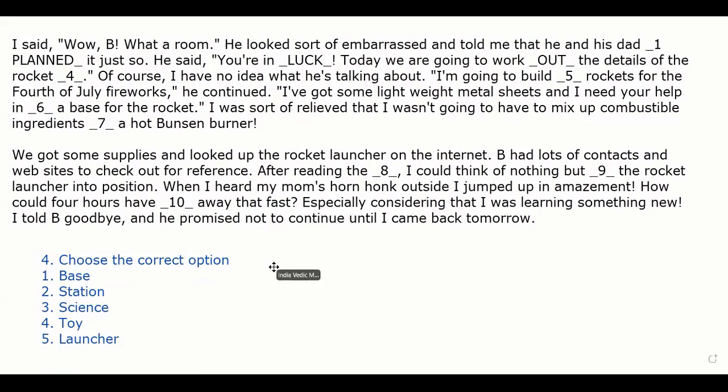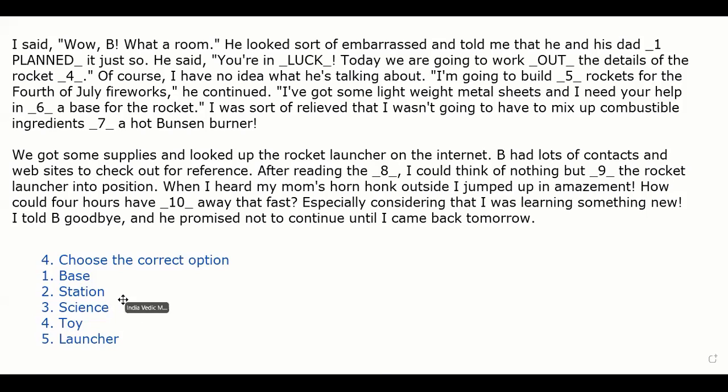Is it rocket base, rocket station, rocket science, rocket toy, rocket launcher? Devender, why should it be rocket launcher? You are right, but why?